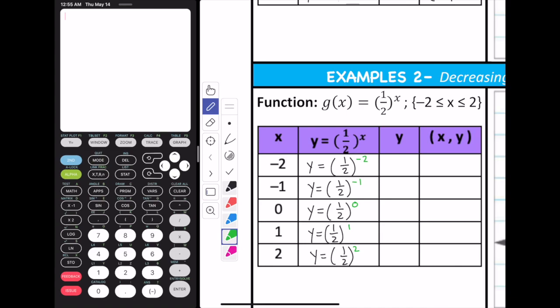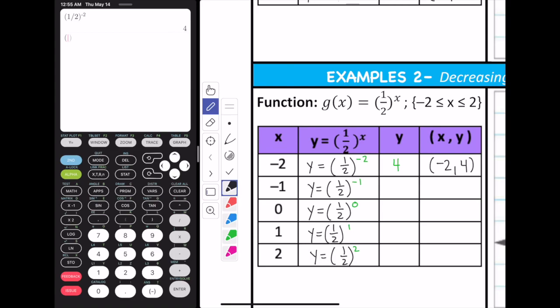Now I'm going to go ahead and calculate them. So on the calculator, I'm going to type parentheses 1 divided by 2 and raising that to the -2 power. So my y value here is 4. And the first coordinate is -2, 4.